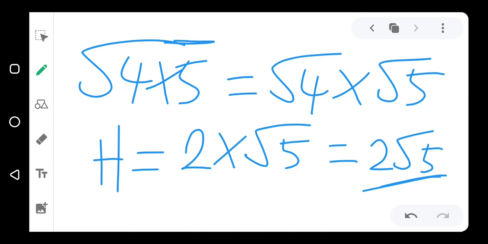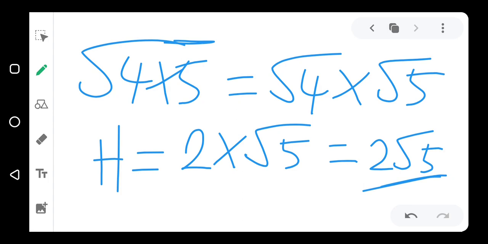If you have a whole number and a square root multiplied together, just bring the whole number and the square root together. Write the whole number first and then write the square root.